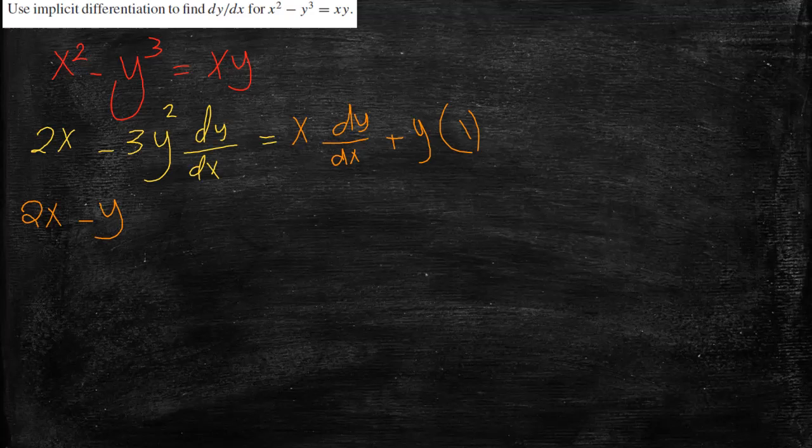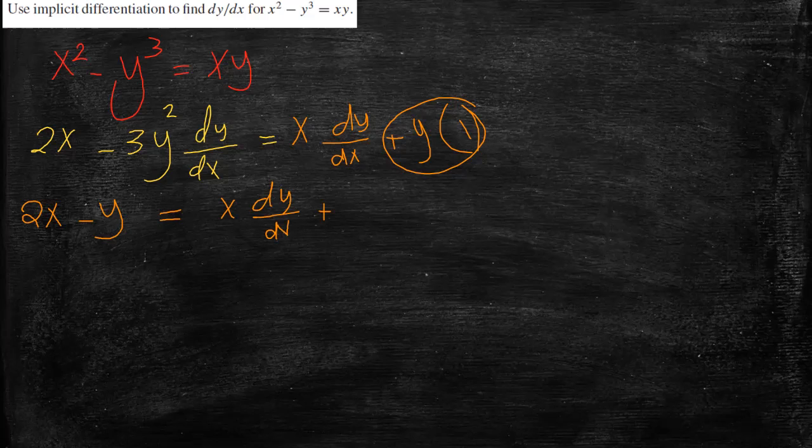minus y. Let's move this y to the first term, equal x dy over dx plus 3y squared dy over dx. We moved also this part to the second side. And after that, we have 2x minus y equal. Let's take dy over dx as a common factor.